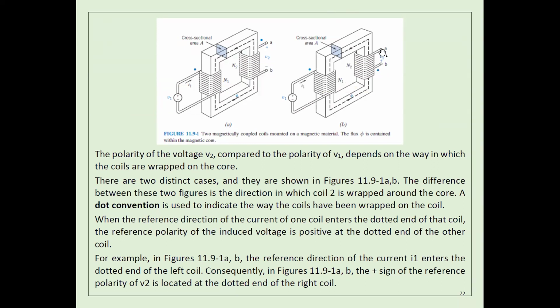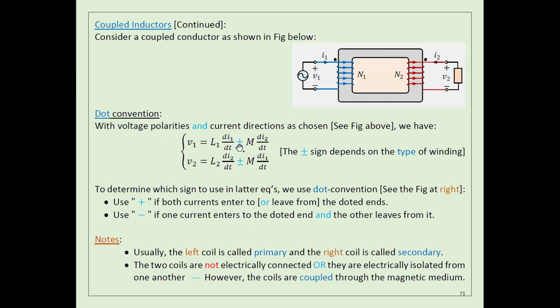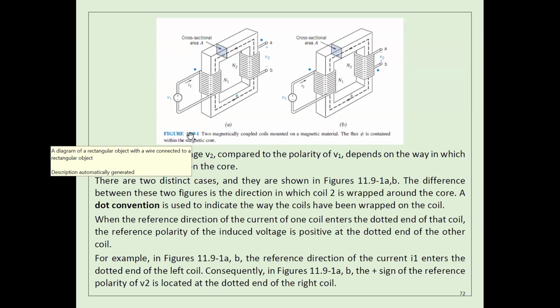Again, how this induced voltage can be positive or negative depends on the direction of the wiring. If I do this way, or the other way, this one will be positive. Anyway, we use the dot convention. We use the dot just to tell you which side is positive.